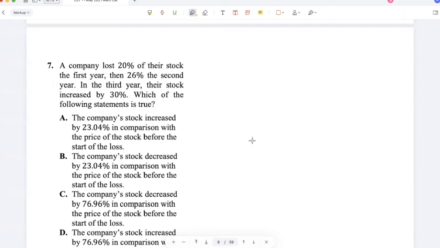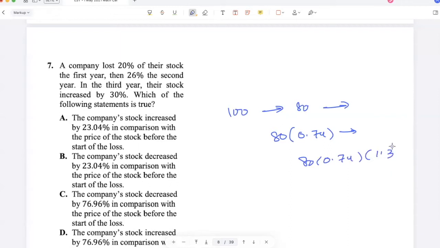Okay, so let's say that the price was 100, then it lost 20%, so came to 80, lost another 26%, so came to 80 times 0.74, and then it gained. So that's 80 times 0.74 into 1.3.